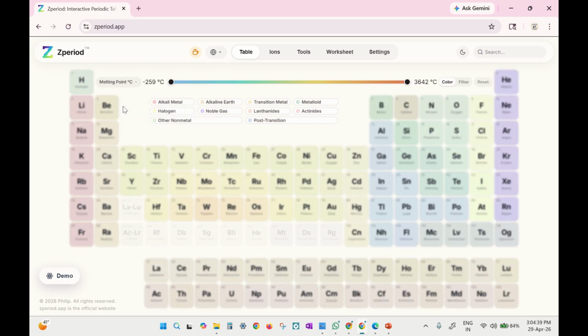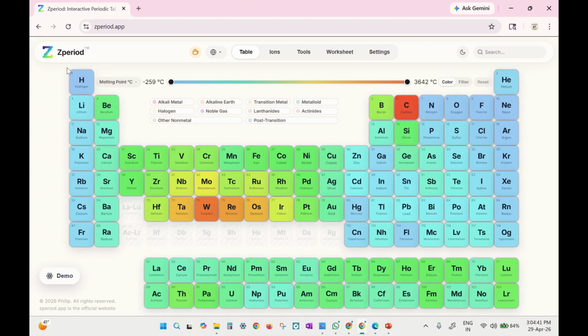In the entire periodic table, remember, in the earlier classes you were told that tungsten is used as the material for making filaments, because it has the highest melting point. Carbon is also high, because one of the allotropic forms of carbon is diamond, which has quite a high melting point.